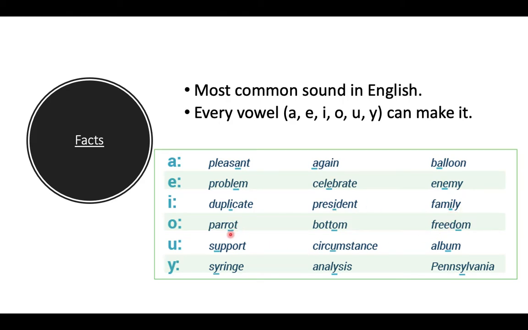O, parrot, bottom, freedom. U, support, circumstance, album. And even Y can make this sound: syringe, analysis, Pennsylvania.